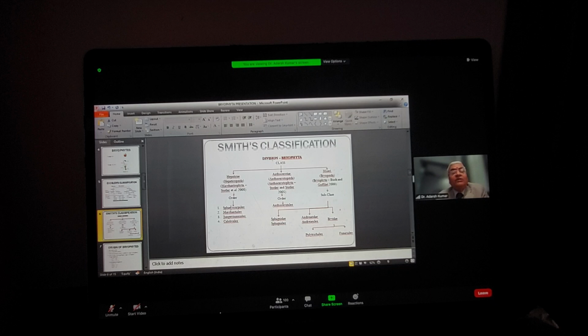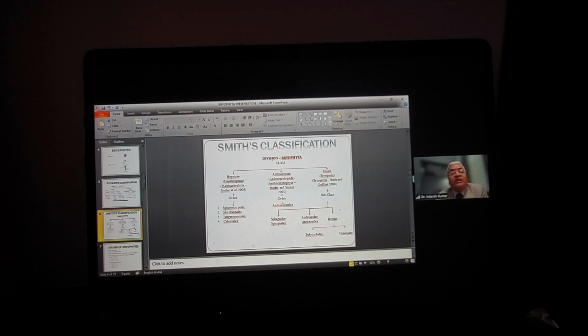The Hepaticae include the following orders: Sphaerocarpales, Marchantiales, Jungermanniales, and Calobryales. On the other hand, the Anthocerotae or Anthocerotopsida has a single order, that is the Anthocerotales. While the mosses, Musci, Bryopsida or Bryophyta, is the largest group.